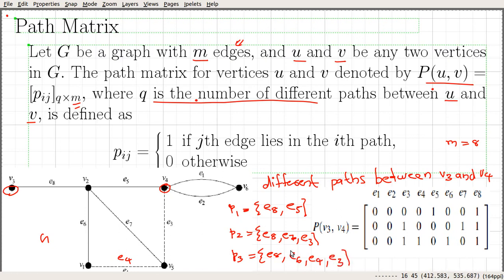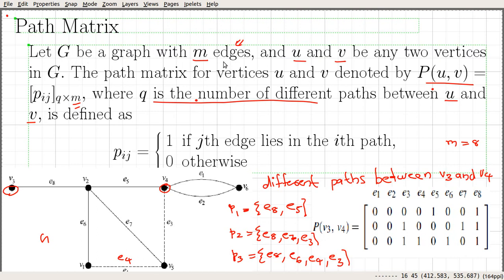So these are the different paths between v3 and v4, denoted by these three sets p1, p2, p3. Let's define the path matrix of this graph between these two vertices v3 and v4.